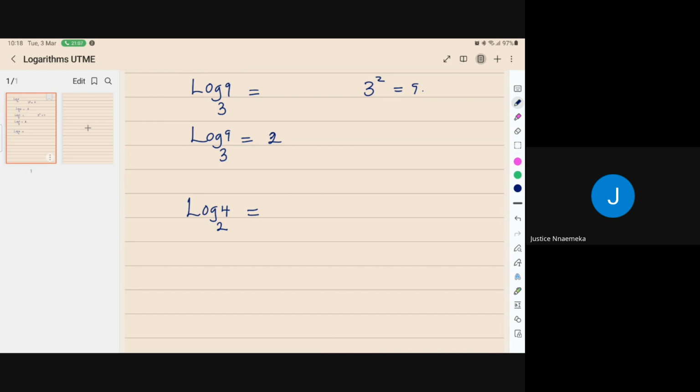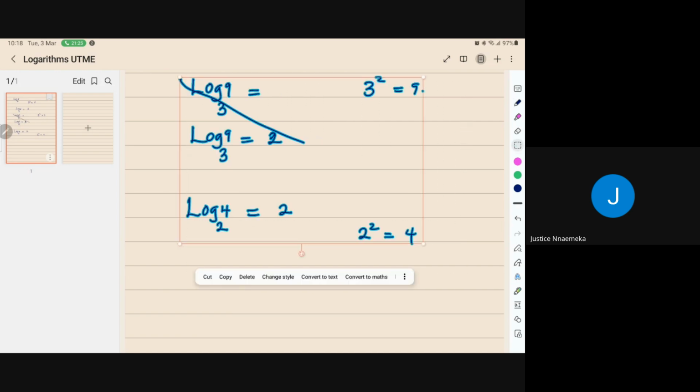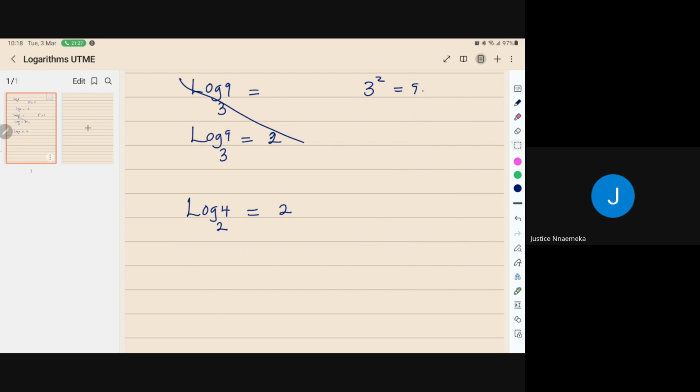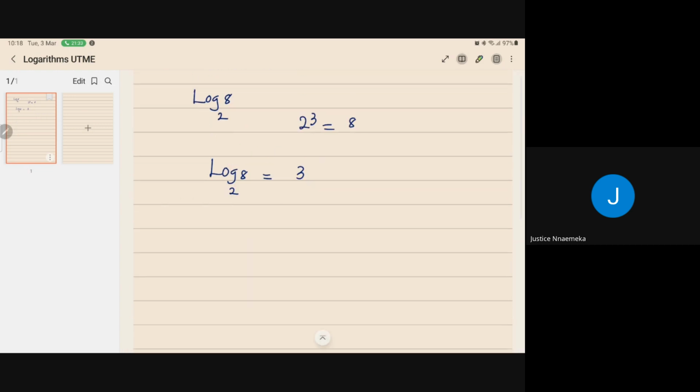So log 4 base 2 will be equal to 2 because 2 raised to power 2 is equal to 4. Therefore, on a general note, the logarithm of a number is simply asking you, for that particular base, which number will I raise that base to so I can get the target value. That is simply what your logarithm is all about.